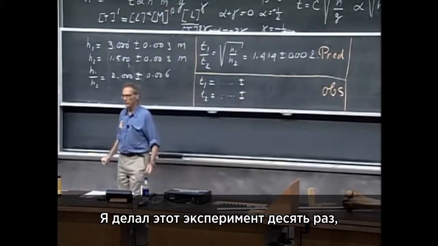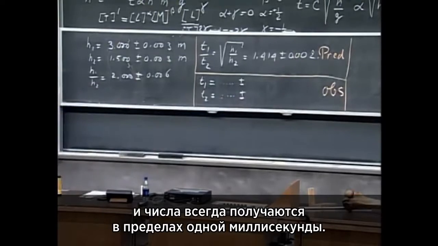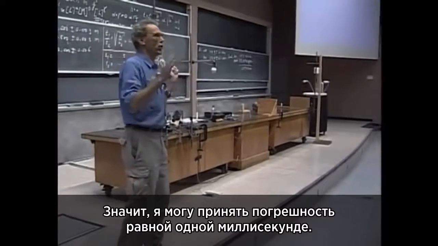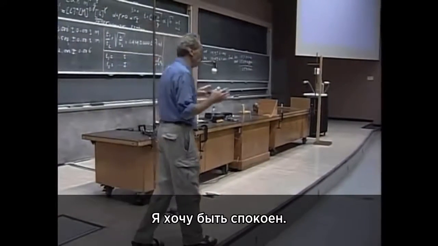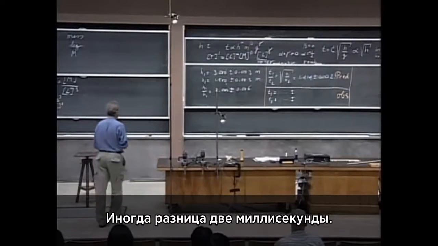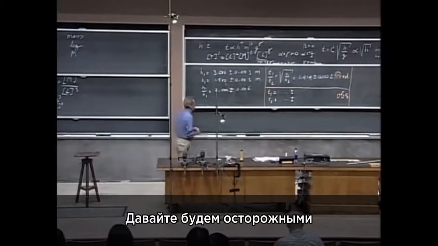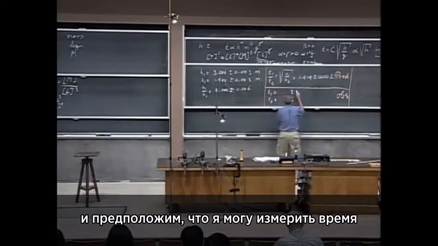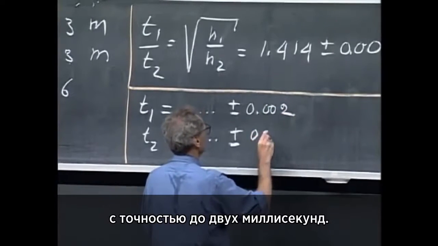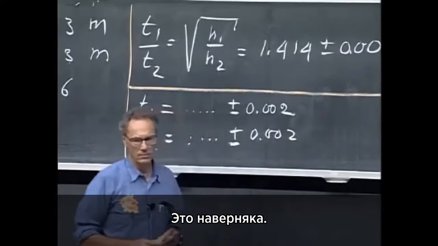I have done this experiment 10 times, and the numbers always reproduce within about 1 millisecond. So I could just adopt an uncertainty of 1 millisecond. I want to be a little bit on the safe side. Occasionally, it differs by 2 milliseconds. So let us be conservative, and let's assume that I can measure this to an accuracy of about 2 milliseconds. That is pretty safe.